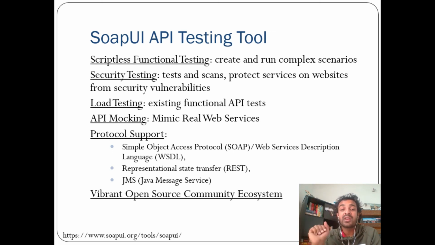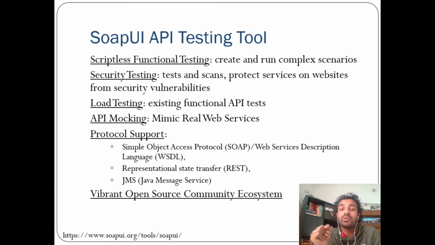Again, protocol testing: SoapUI supports Simple Object Access Protocol, SOAP, and Web Service Description Language, WSDL, testing. WSDL is the interface for the SOAP protocol. Then it supports Representational State Transfer, meaning REST testing. Then JMS, Java Message Service testing.